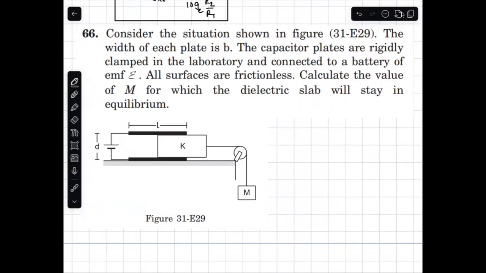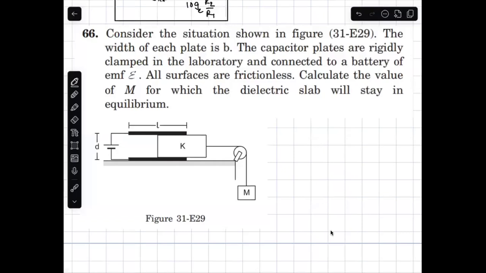What is the formula for the force? Can you please tell me? What is the formula for force? One minute. Now tell me what is the formula for the force acting on a dielectric slab?